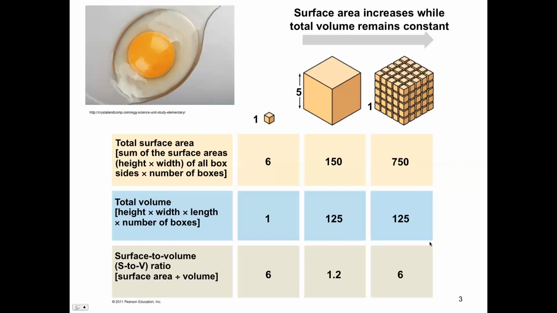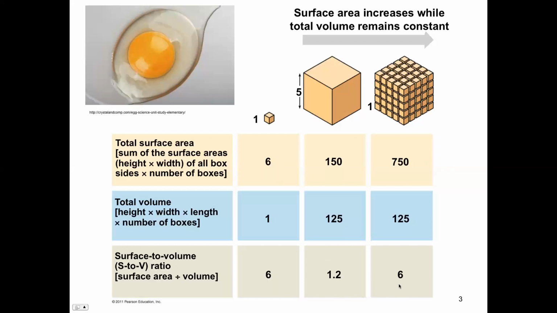The surface area is going to be 150, and the surface to volume ratio, okay, is 1.2. So that has gone down. Now, whereas if we keep the cell size small, the units the same size, and we just increase the number of them, you can see the surface area now has gone up to 750, and the surface to volume ratio has been maintained at 6.